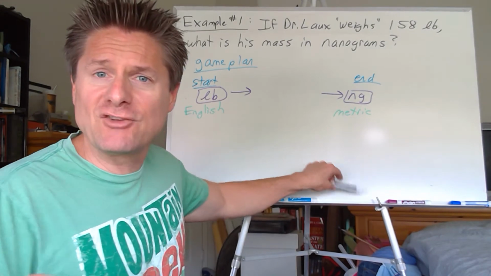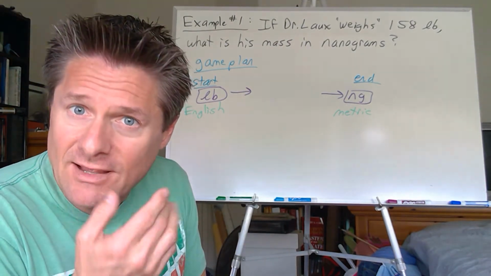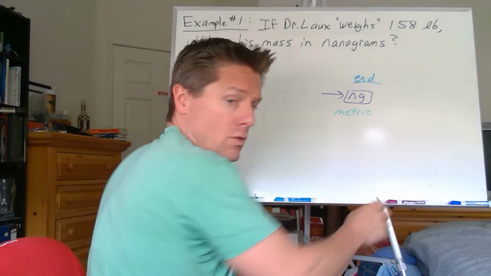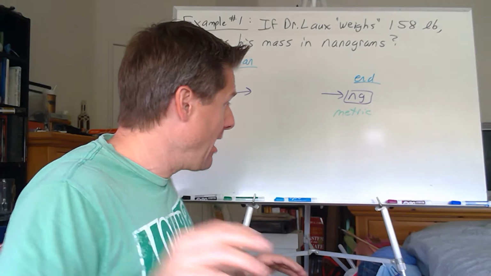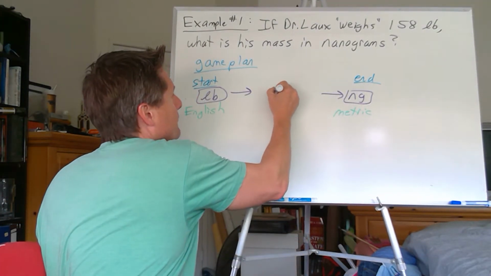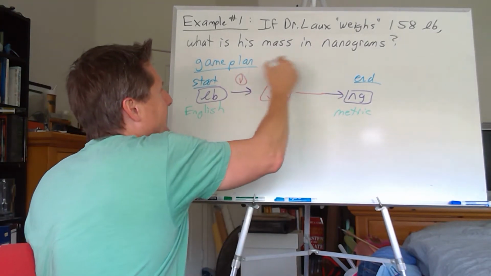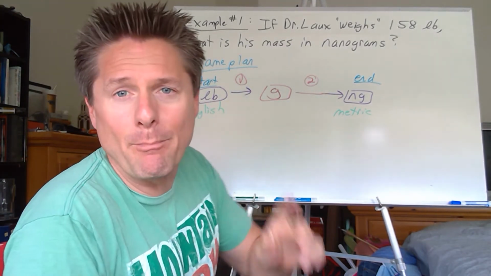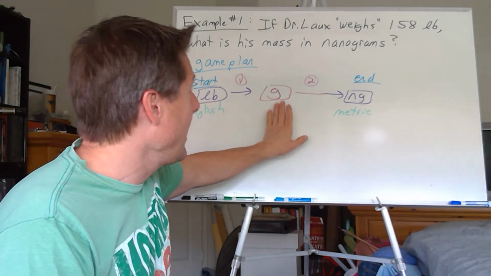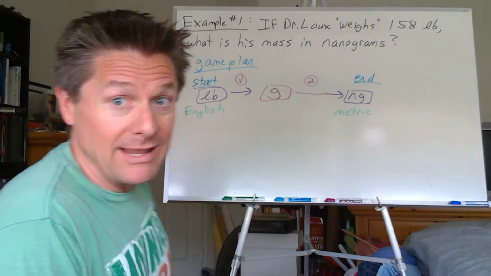And once I'm in the metric unit, the base unit grams, I can go to any other metric prefix using the metric conversion. So I can do this in 2 steps. Go pounds to grams, English to metric units using the exact conversion factor, and then grams to nanograms using metric prefixes. Let's set this up.